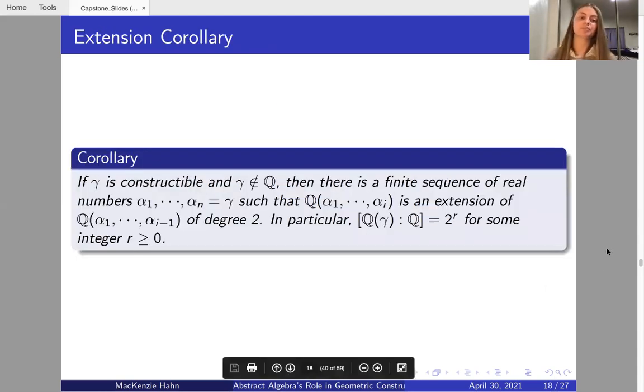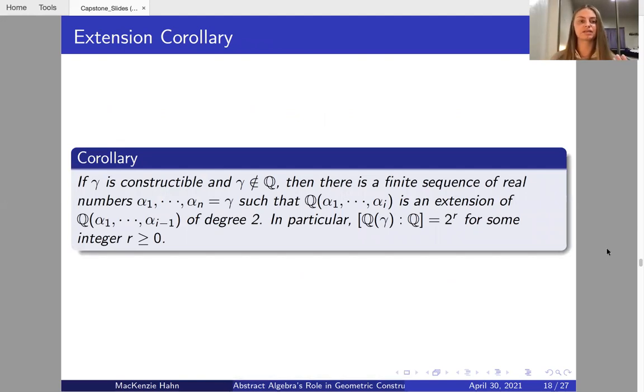This corollary basically states that given gamma, which is constructible, we have a finite sequence of real numbers that we can add. So we can add a finite sequence of elements to a field. And each time we add another element, that's going to give us a degree of 2.